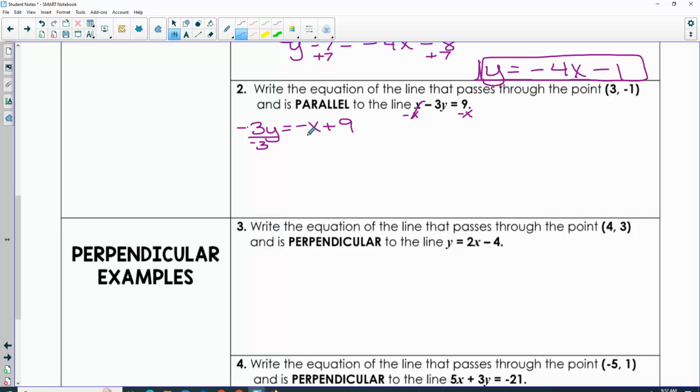Divide everything by -3. Negative x over -3, that's a positive 1/3 x minus 3. But all I need this for is my slope. Since they are parallel, the slopes are the same, so my slope is 1/3.